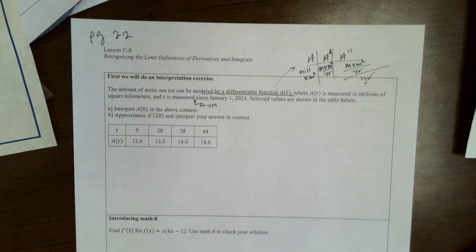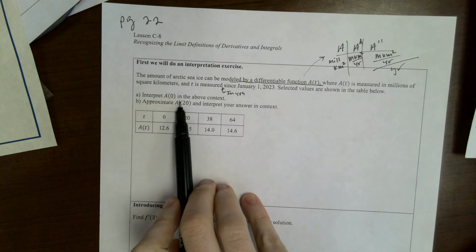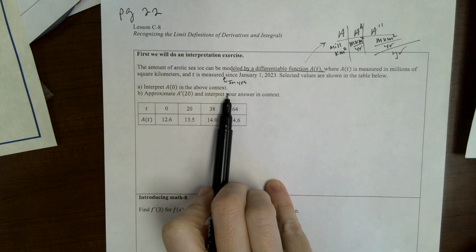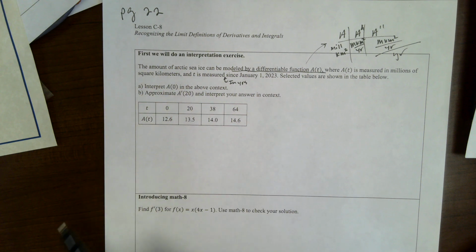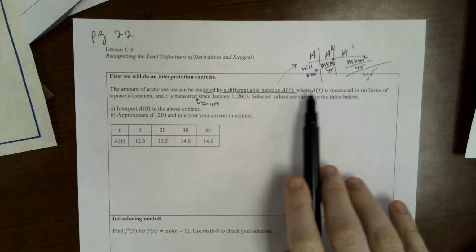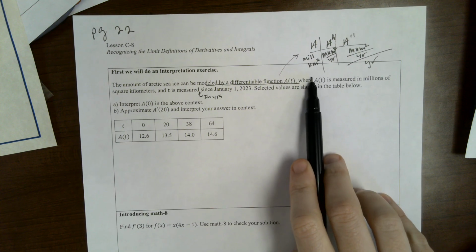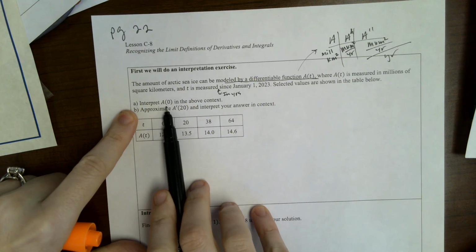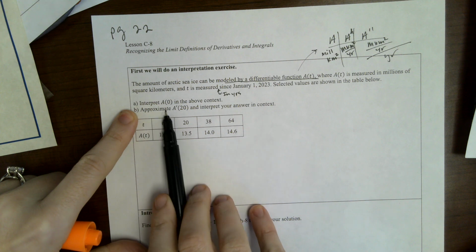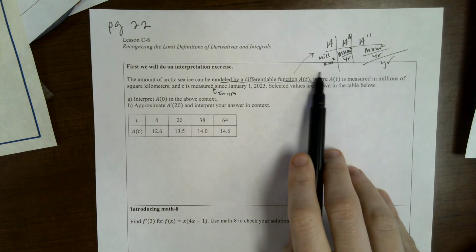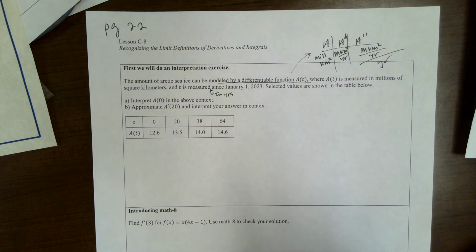Okay, so interpret A of 0 in the above context. A of 0 is something from this column here. So this is going to be an interpretation of the amount of Arctic sea ice at t equals 0.